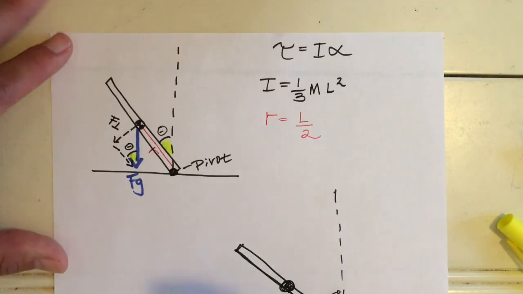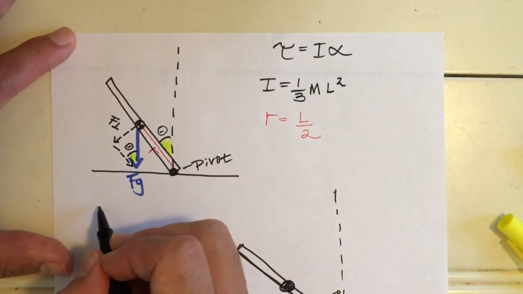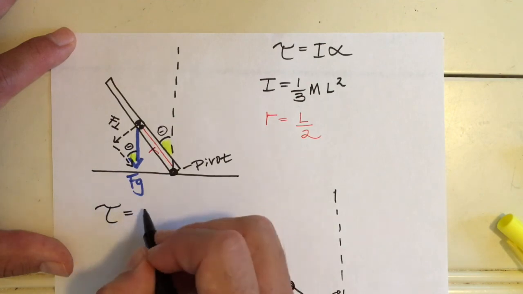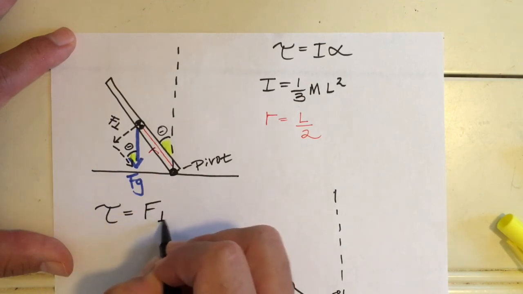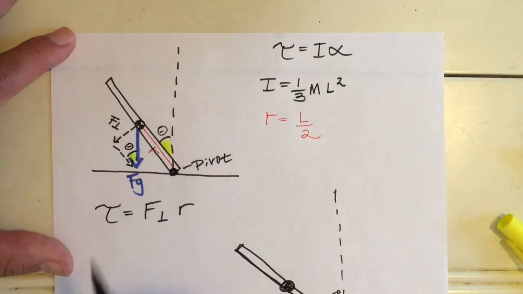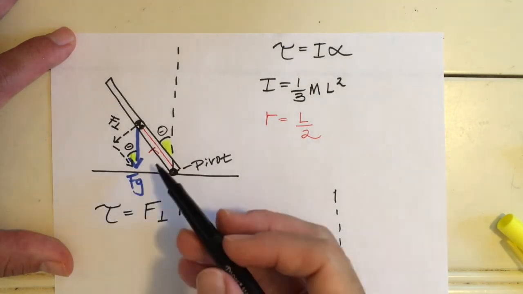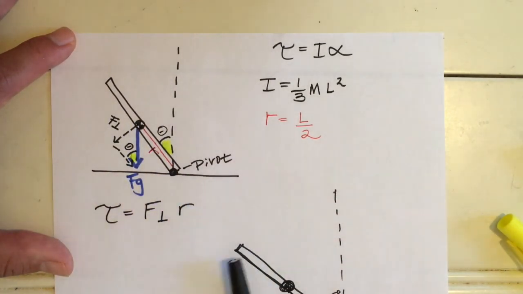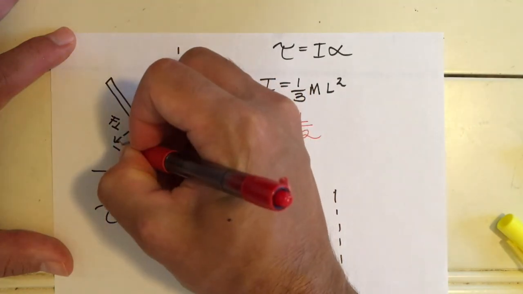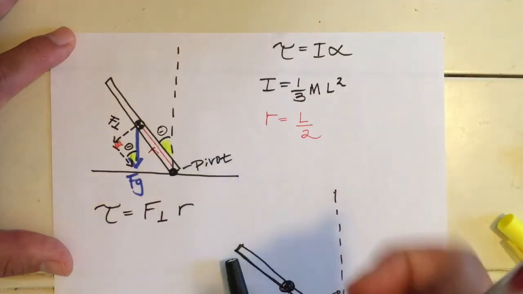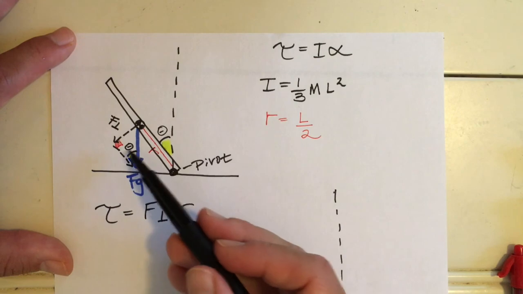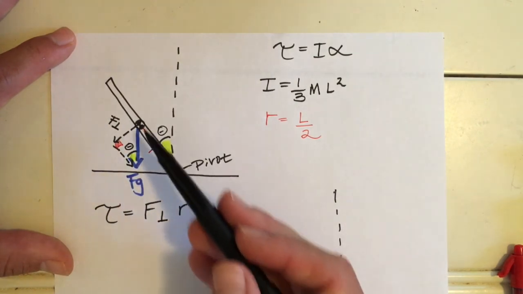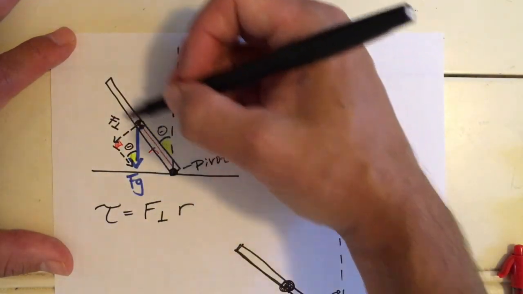I think the book showed it this way, but if we go back up here, now we say torque is equal to F perp times R, correct? Because we're going to use the perpendicular force where it's perpendicular to R. This creates a right angle there, where F is perpendicular to the radial line, which extends out right here.